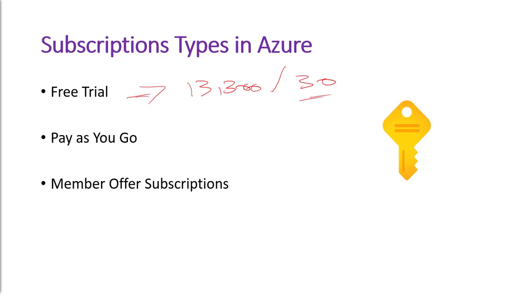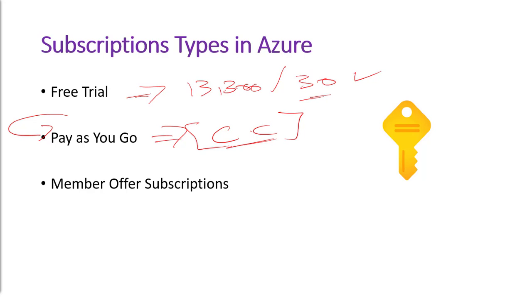Once your 30 days are exhausted, or you have consumed your 13,300 INR, you have an option to convert your account to pay as you go. Pay as you go is based upon your usage or consumption of the services you will be charged. Charges will be automatically debited from the credit card you gave while creating an Azure account.